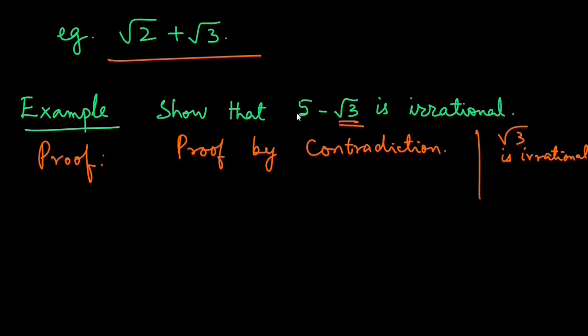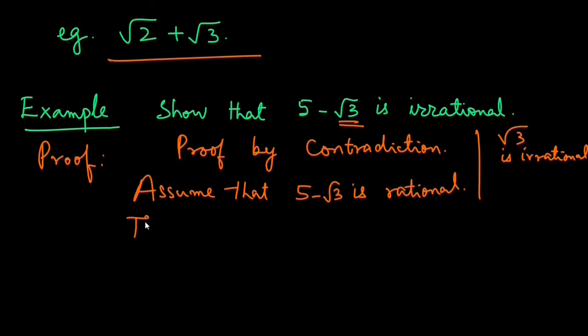Let us assume that 5 minus root 3 is rational. Then 5 minus root 3 is equal to a by b, a rational number in p by q form.